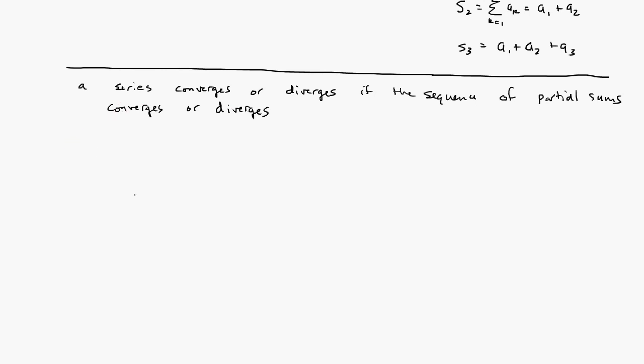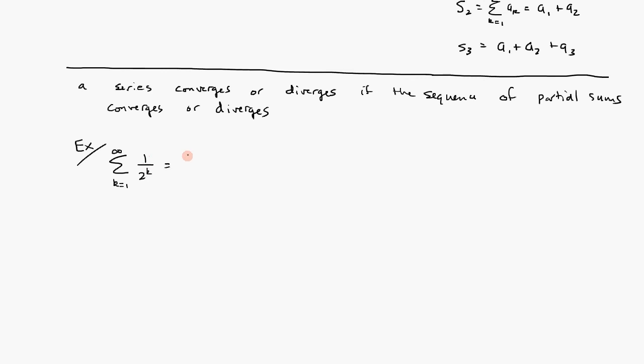Okay, so let's take a look at a couple examples. So let's look at the example we did above, and instead of interpreting it geometrically, we're going to do it this method, looking at the sequence of partial sums. Okay, so the series again is the sum k equals 1 to infinity of 1 over 2 to the k.